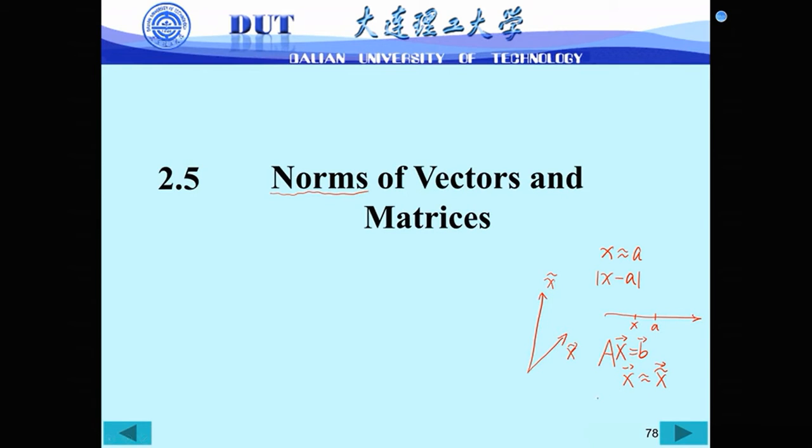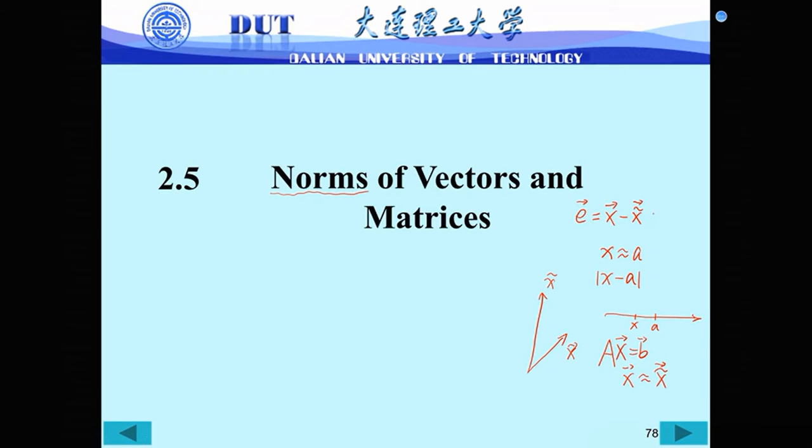Of course, we can consider the subtraction, the difference, right? So the error vector is x minus x tilde. But the difference is also a vector, right?